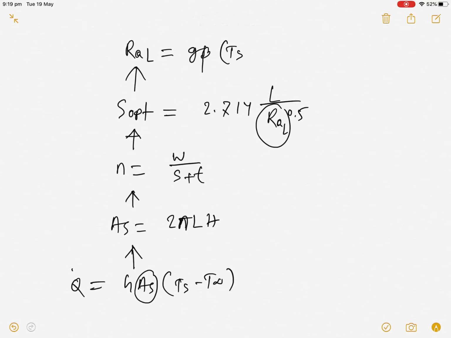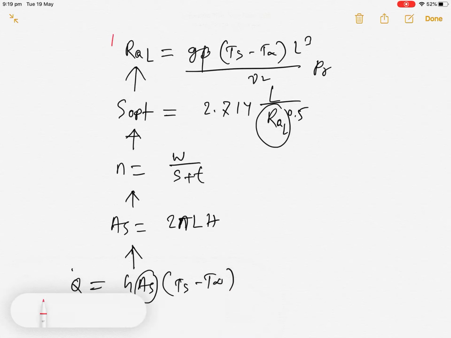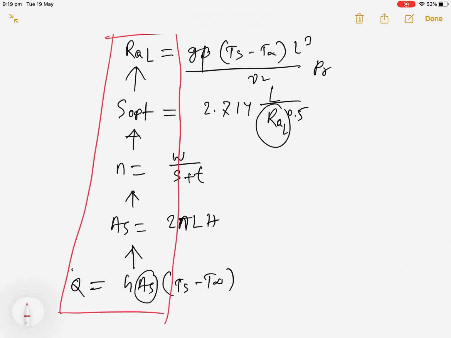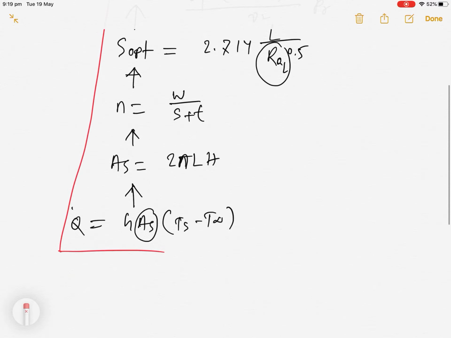It is equal to g beta times the temperature difference times the characteristic length cubed, over the viscosity squared, times the Prandtl number. So this is the flowchart of this problem we need to follow if we want to get the optimum spacing and the rate of heat transfer.